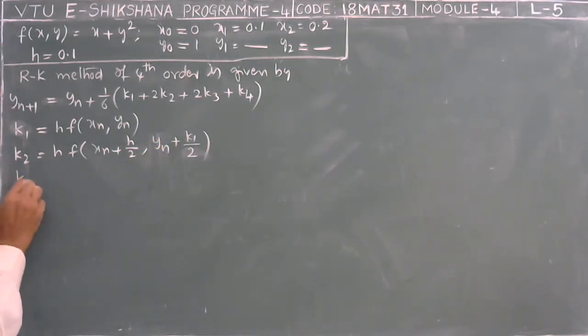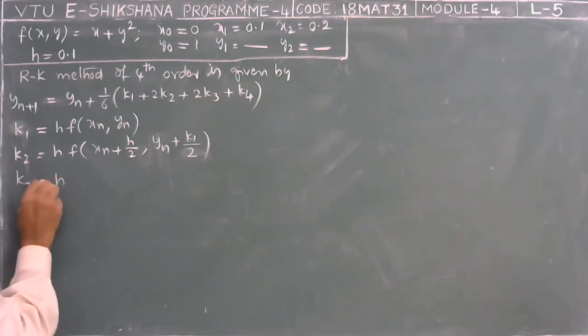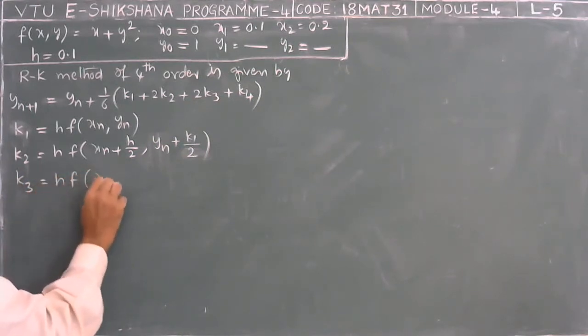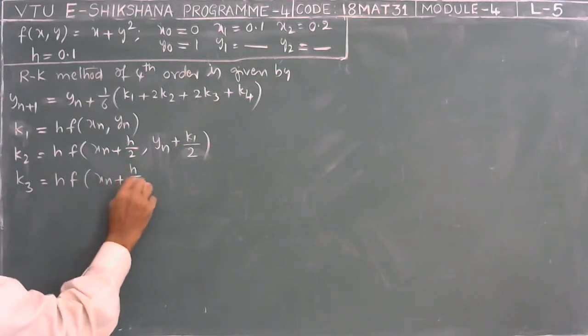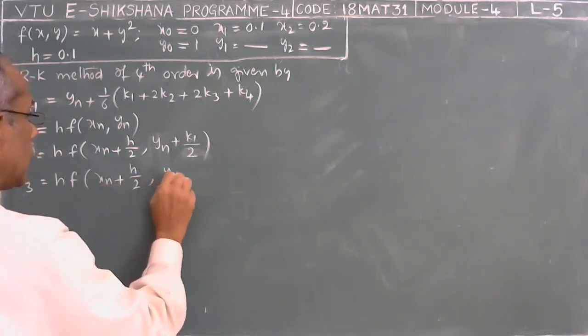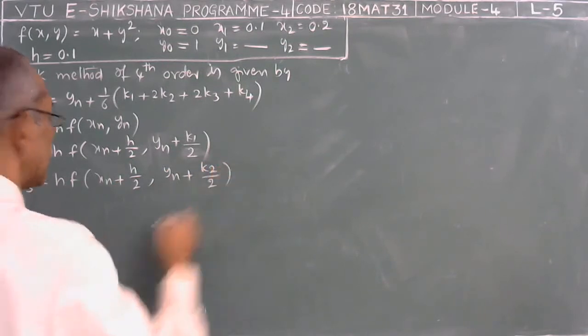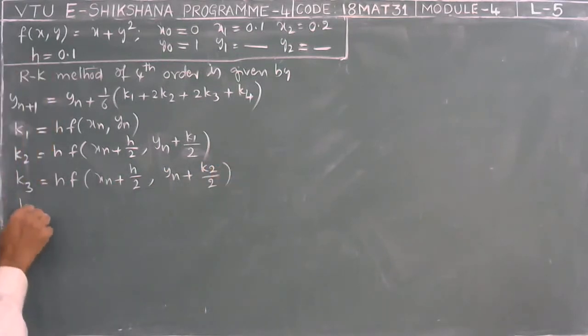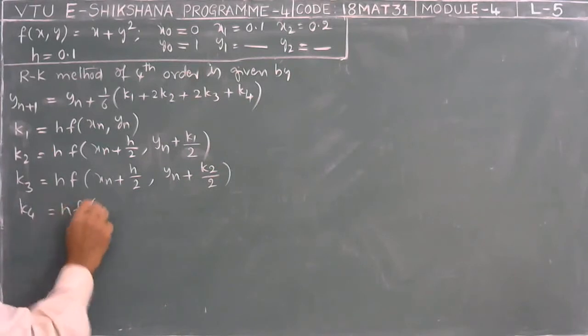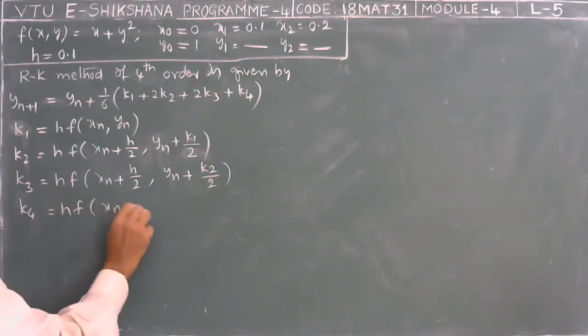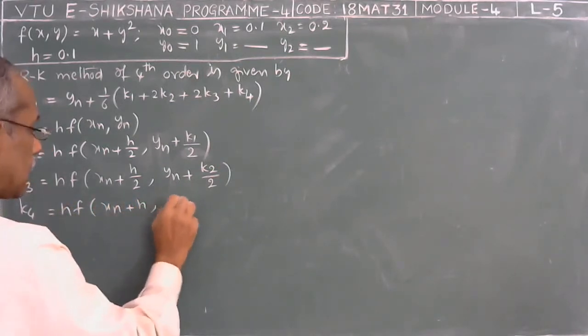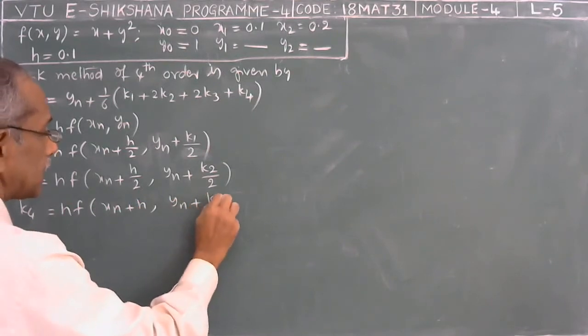Then k3 is h into f of x n plus h by 2 comma y n plus k2 by 2, and k4 is h into f of x n plus h comma y n plus k3.